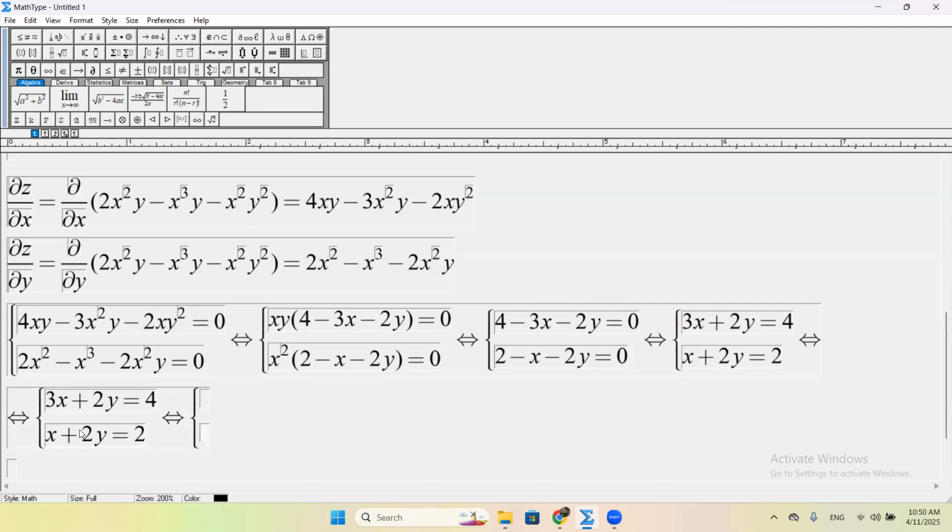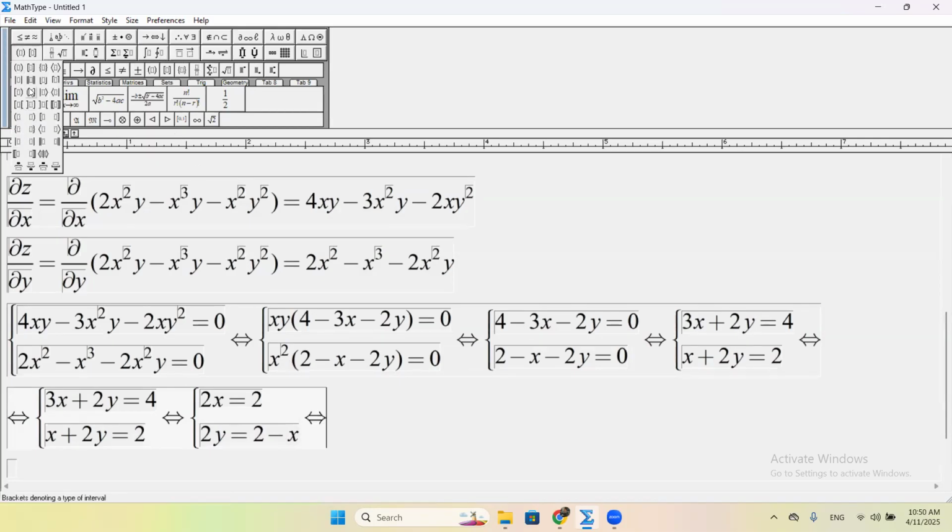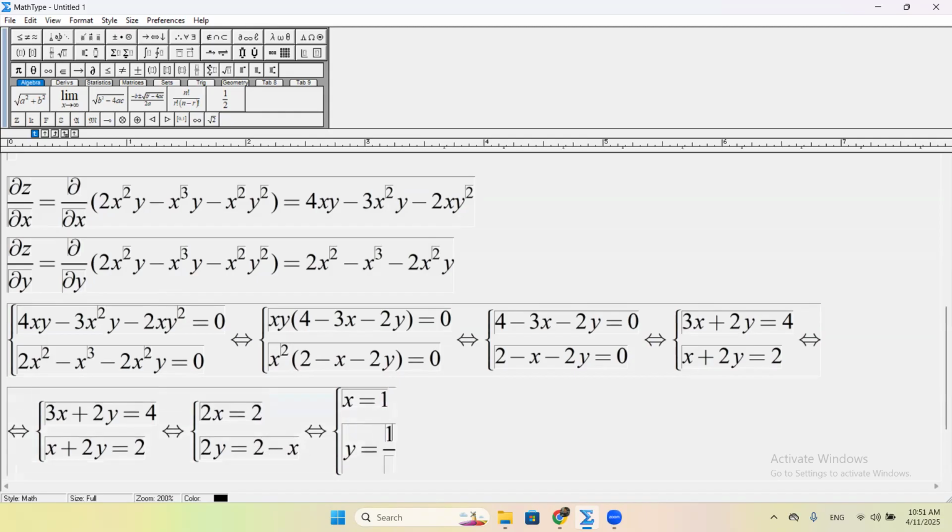So 2x equals 2, and so 2y equals 2 minus x. So x equals 1, sorry, and y will be equal to 1 over 2.